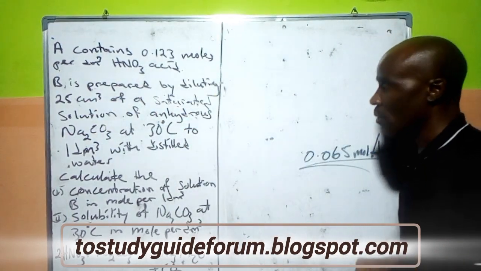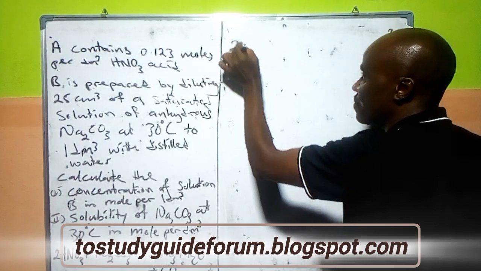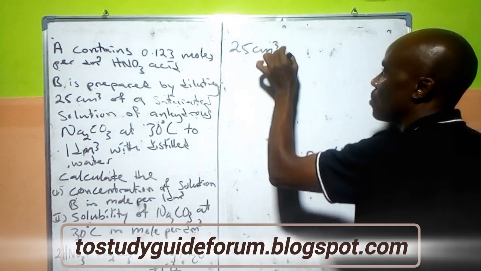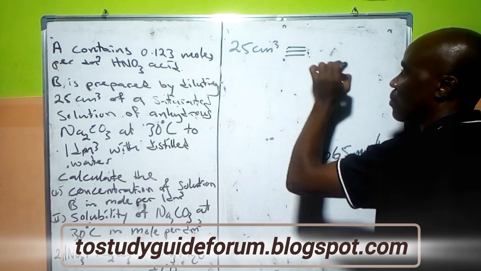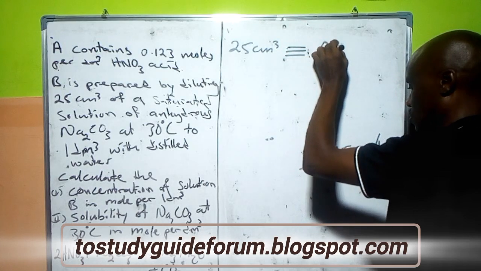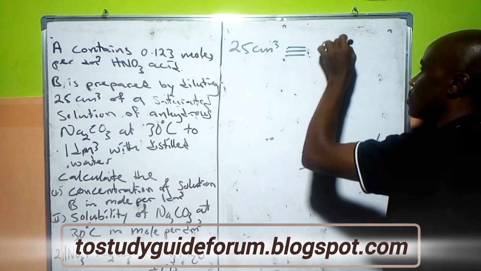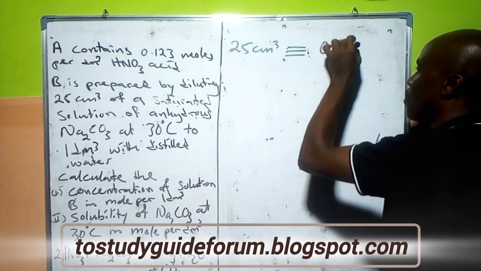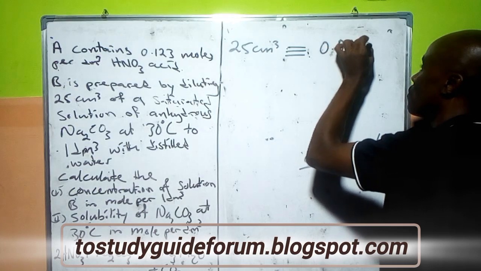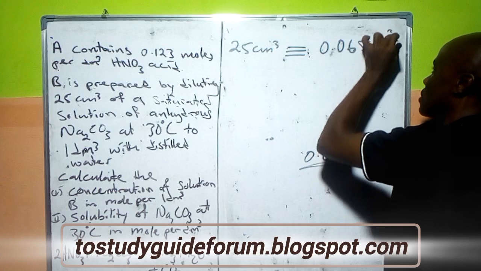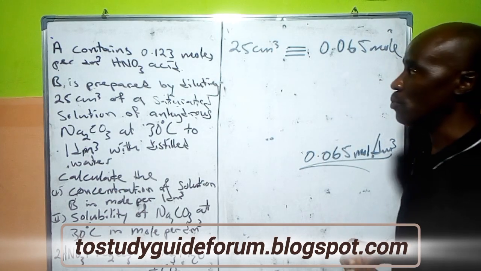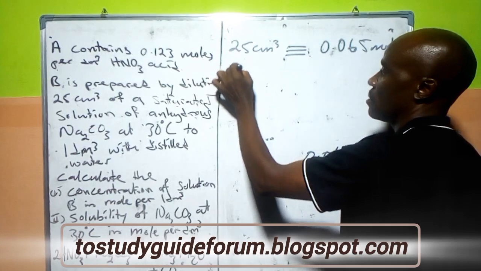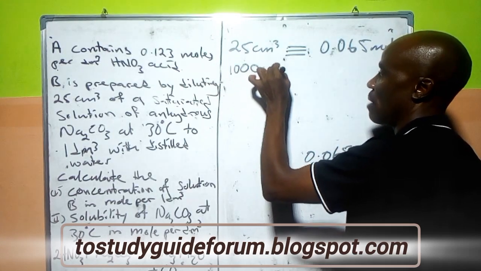So what it means now is that 25 cm cube saturated is equivalent to 0.005 mole. So what will 1000 cm cube contain? Now, why am I using 1000?